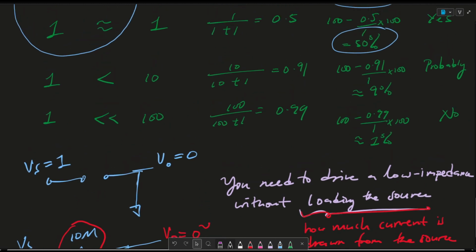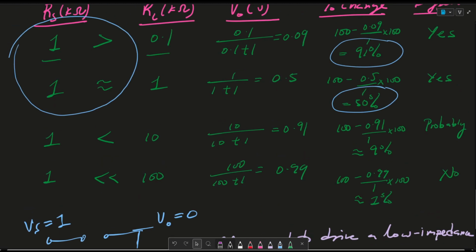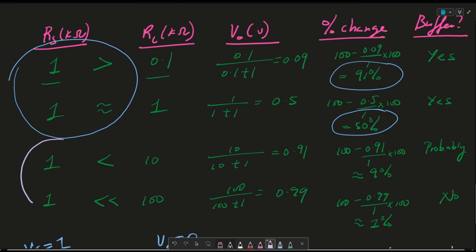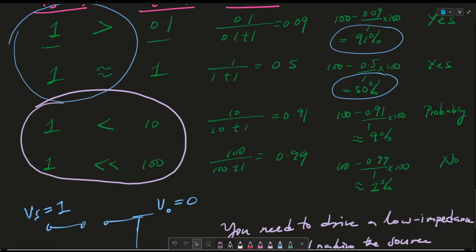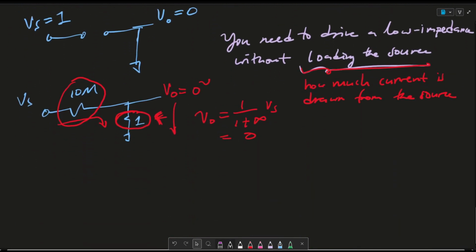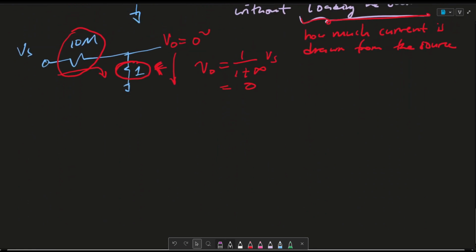And the second case is a situation where RS is less than or very small compared to RL. And this is the ideal case. We want this case. So consider that I have.